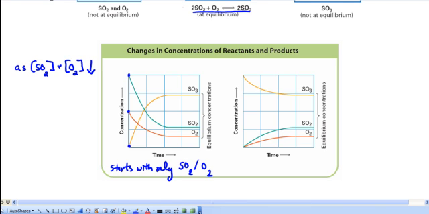So as those two decrease, the forward reaction slows. Why does it slow down? Well, as you use up your reactants, they collide less frequently. As they collide less frequently, the reaction simply slows down. On the other hand, initially there's absolutely no reverse reaction because there's no product to collide. But as the product concentration, which is SO3, increases, then the reverse reaction speeds up.